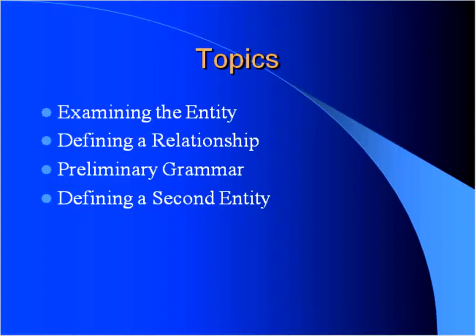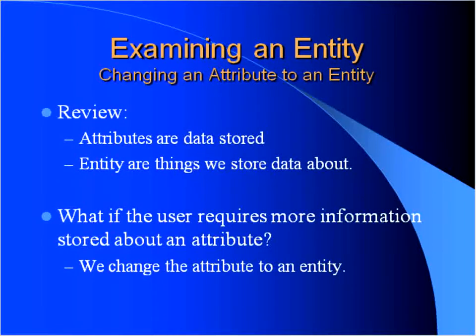Well, in this chapter, we are examining the entity, defining a relationship, looking at preliminary grammar, and defining a second entity. So, to review what we talked about in the last chapter, attributes are what we store data in.